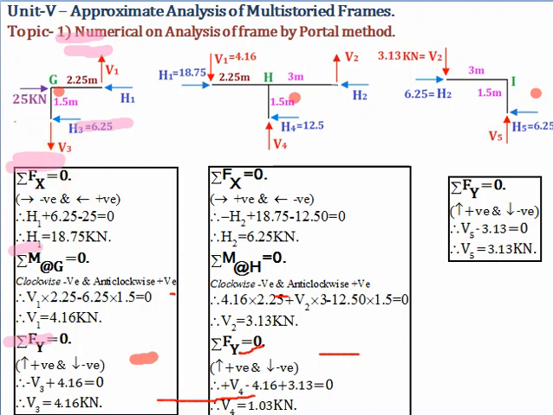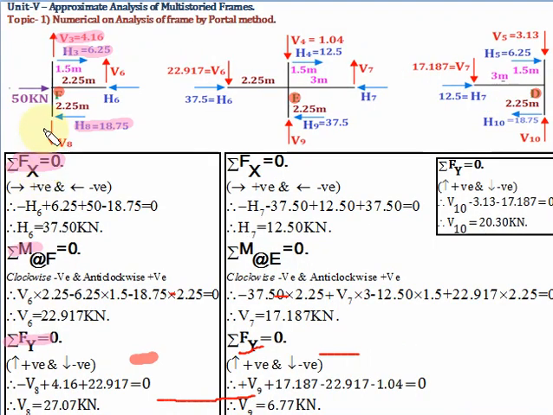When we consider the joint EF, V3 is acting upward and H3 is acting towards the right side. So at this node the forces should be equal and opposite. Now we have to find the unknowns V6, H6 and V8.